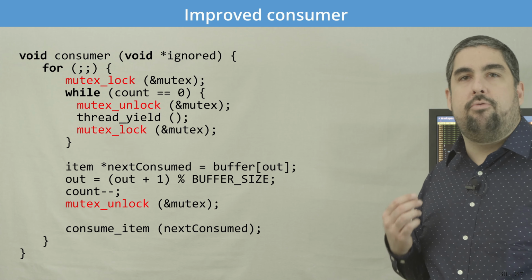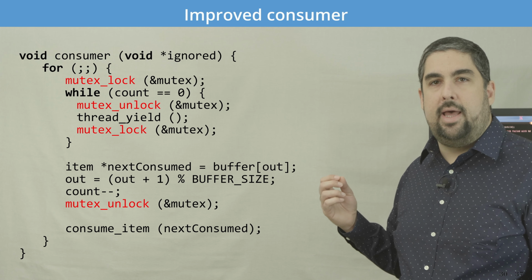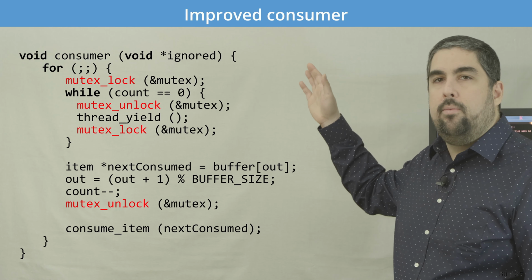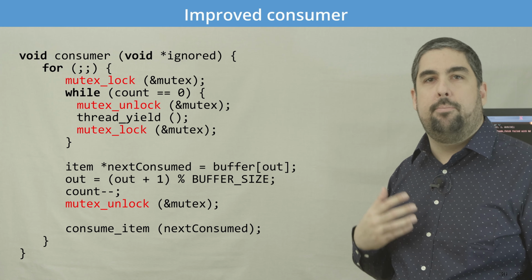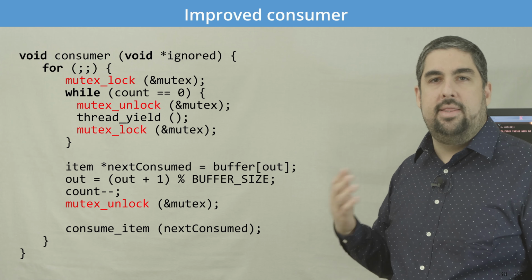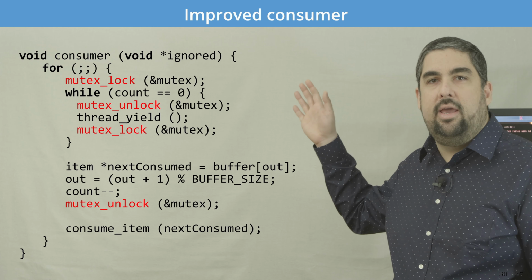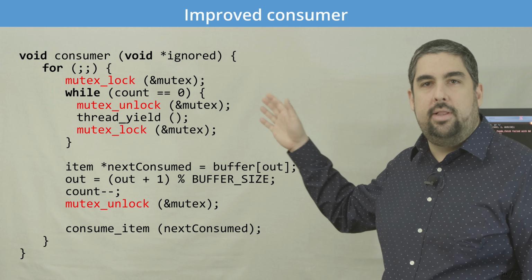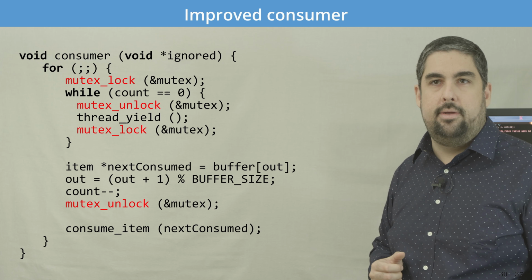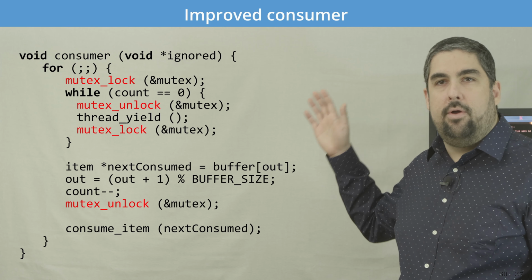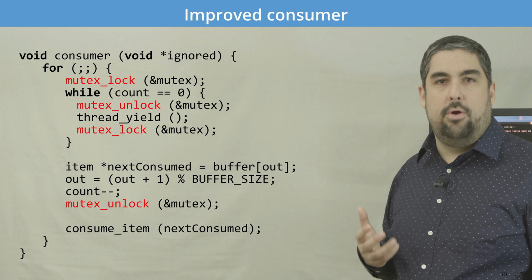So there's one problem with this code that I'm showing here, which is that we're always unlocking the lock and then yielding, hoping that the producer runs, and then trying to reacquire the lock. This isn't really efficient, and this is a really common design pattern where we're communicating between many threads. So if you're wondering where you might be using this, you can think about Go channels.